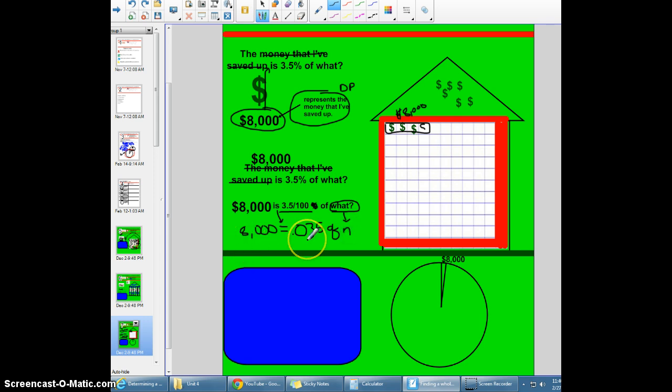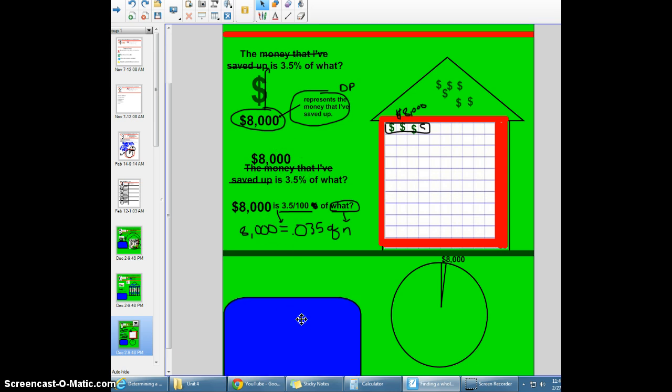$8,000 is 35 hundredths of n. That's really what this means. I'll take it a step further by writing more mathematical statements. We're making this more mathematical. $8,000 is equal to 35 hundredths, not of n, but times n. $8,000 is equal to 35 hundredths times n.